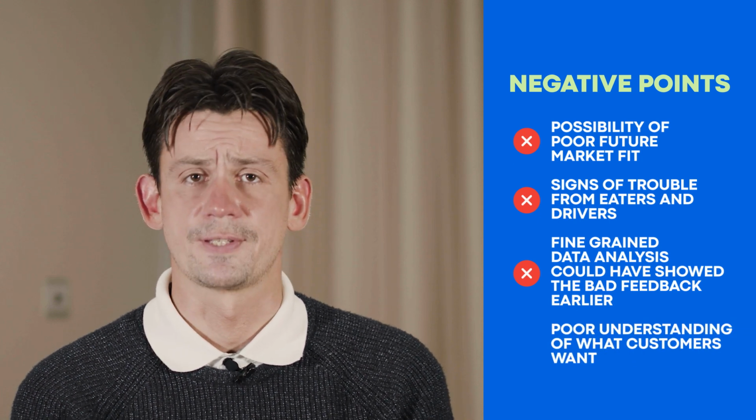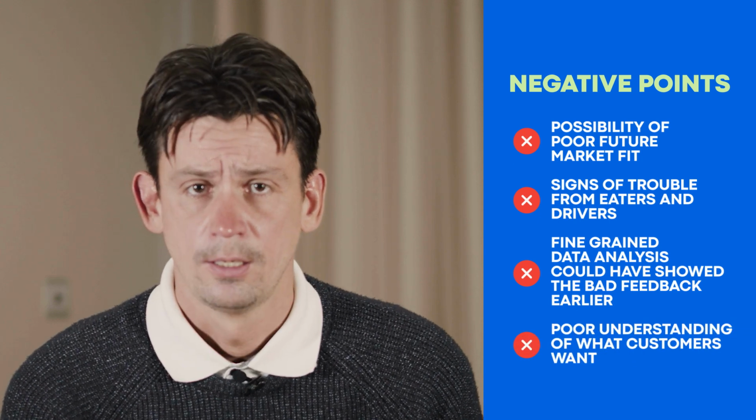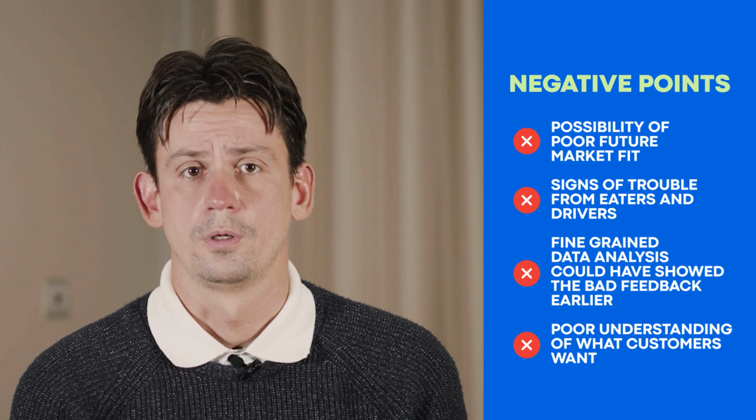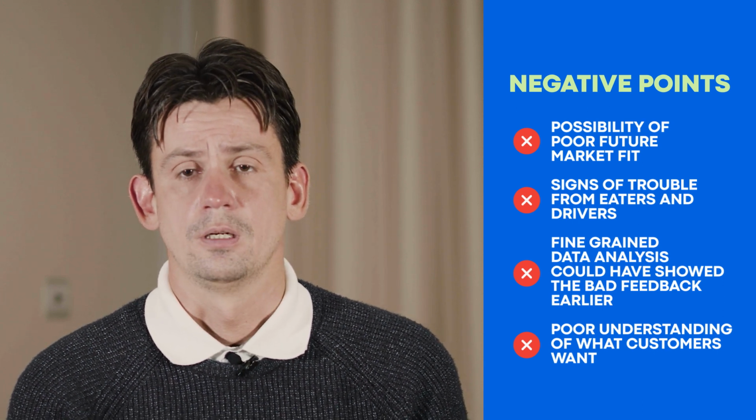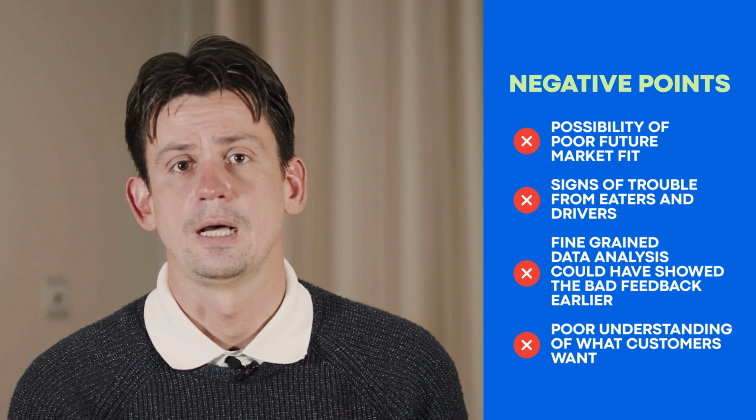And finally, a bad understanding of what customers really want. Launching the product with limited windows for delivery, limited items, and storing those items in a box, arguably you could have understood that customers don't really want that if you had done a good enough analysis. So those are the things we could consider as insights of what has not gone well with this case.